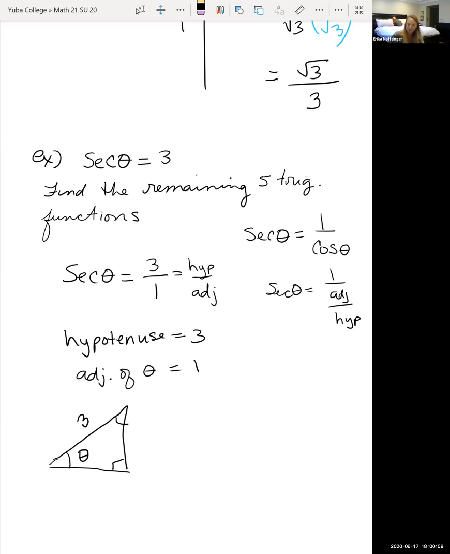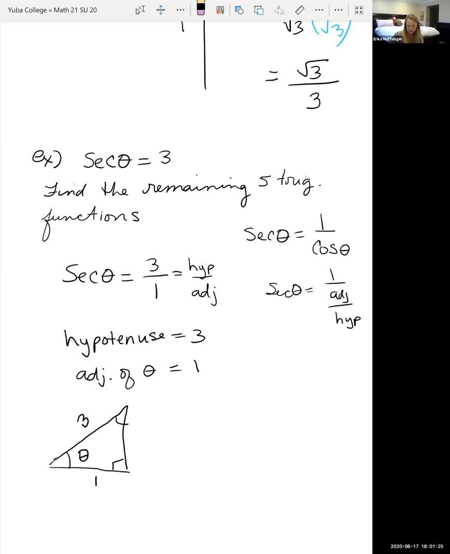And 1 on the bottom is our length. So in order to find the 5 remaining trigonometric functions, all we need is to figure out what that last side of the triangle, that leg, what that length is, and then we can do the ratios.